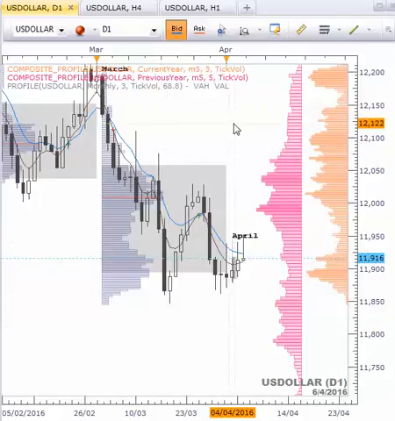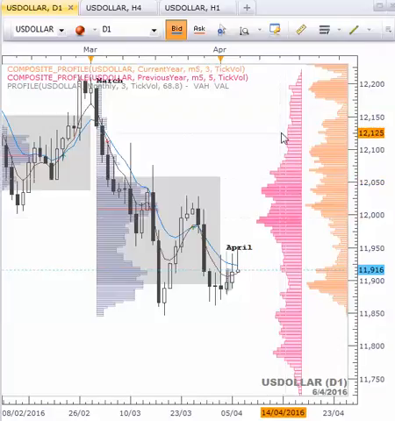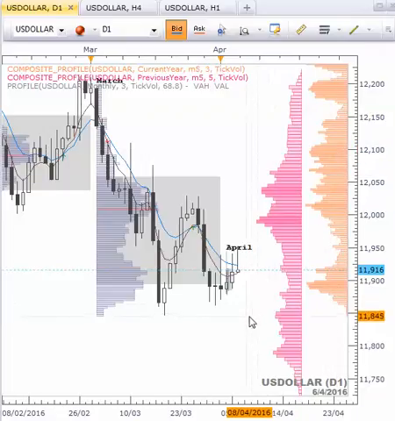So what do I want to mark off here? The pink is the previous year's volume profile, and over here in the orange is the current year's volume profile.